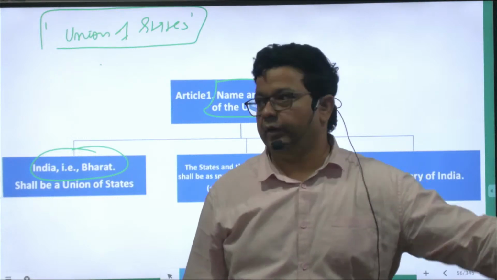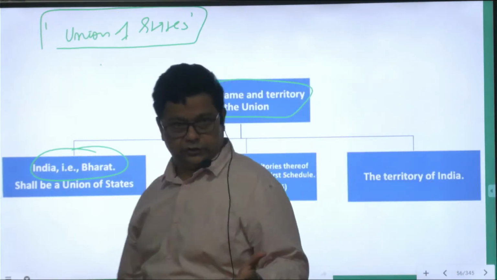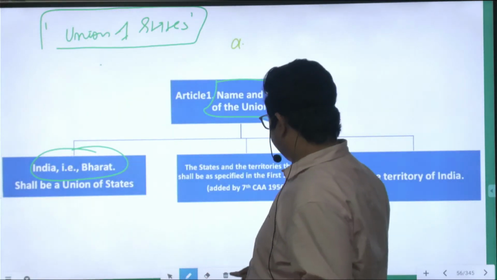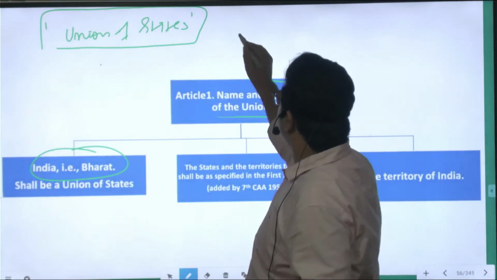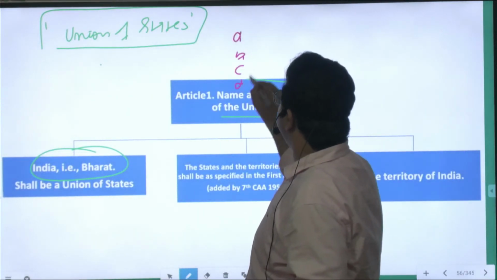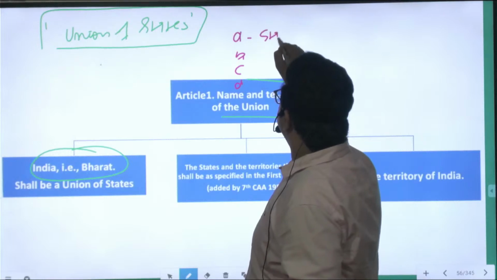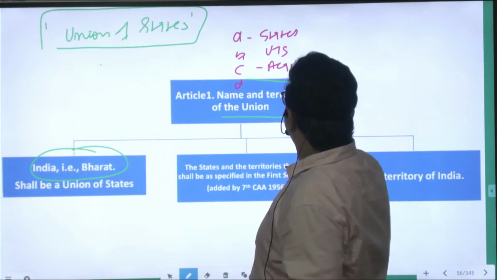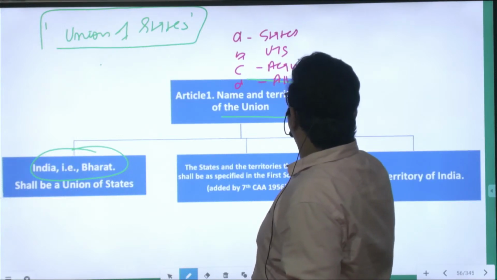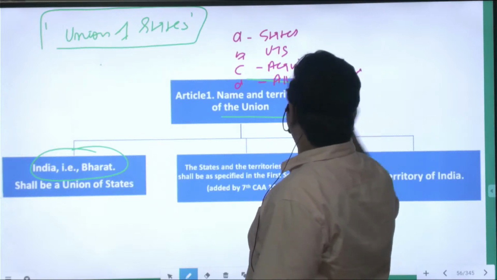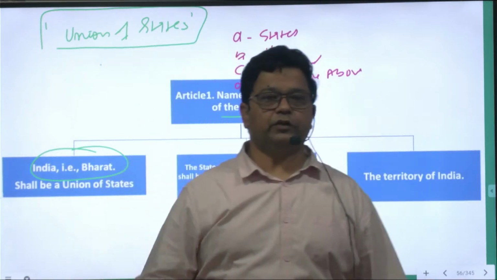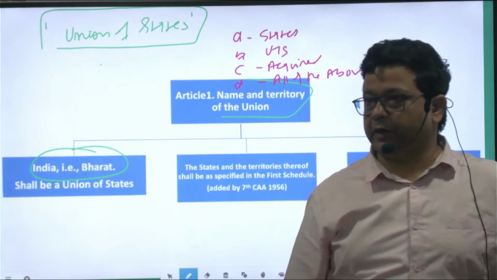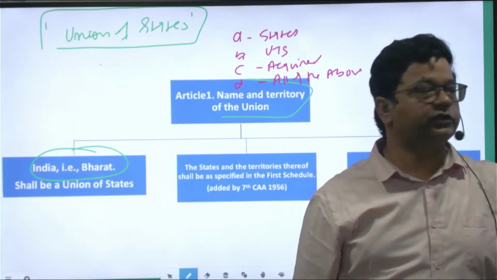If I give you options A, B, C and D: States, UTs, acquired territories, all of the above. And if I ask which of the options you will mark as an answer with respect to the question of Union of States?